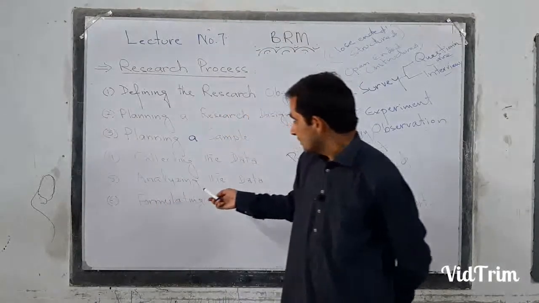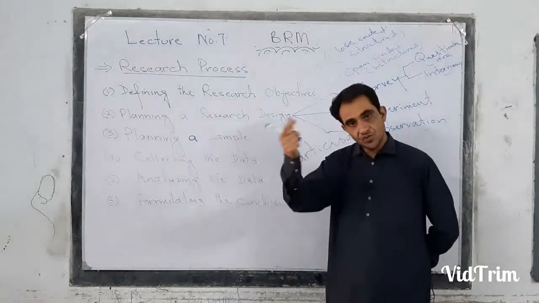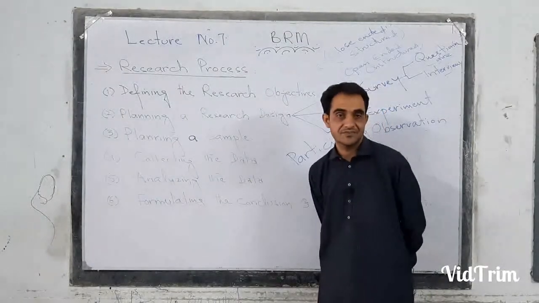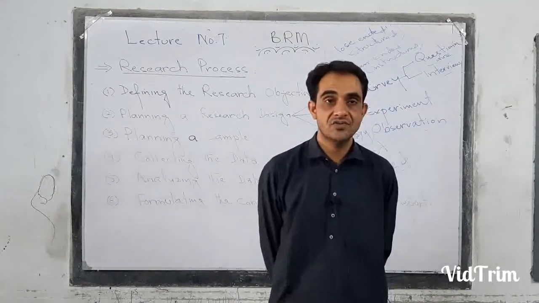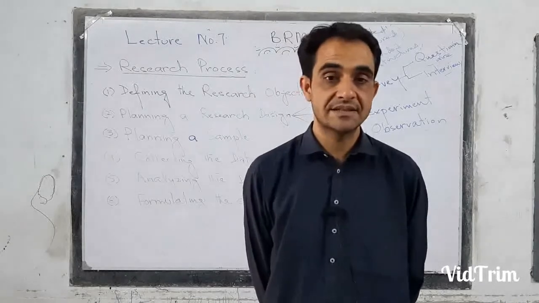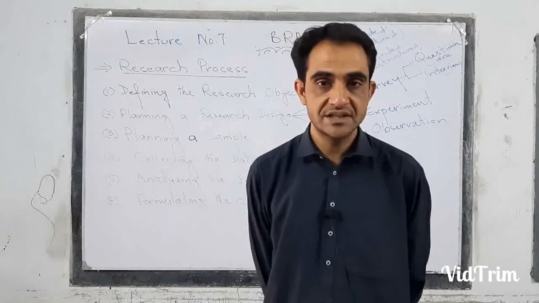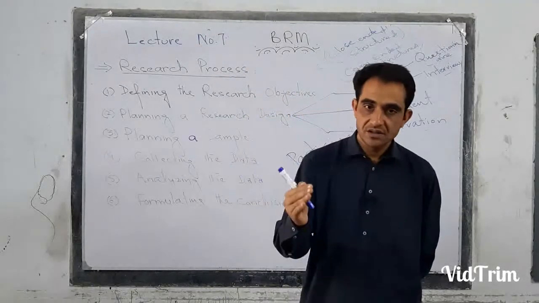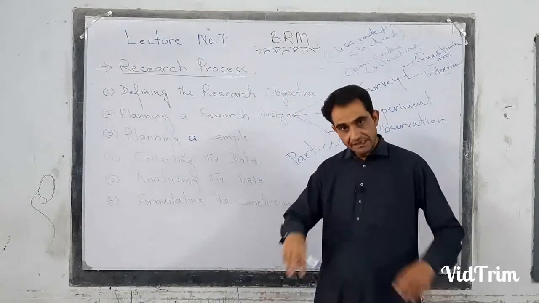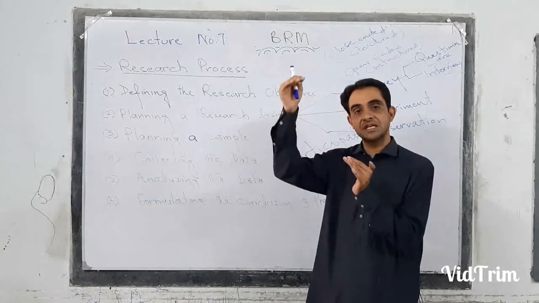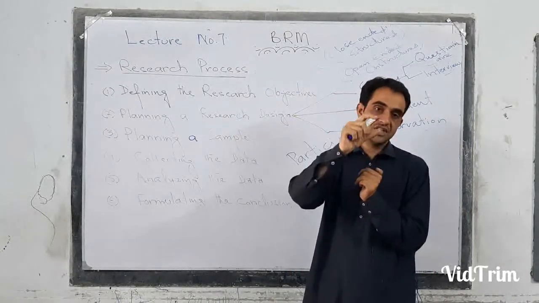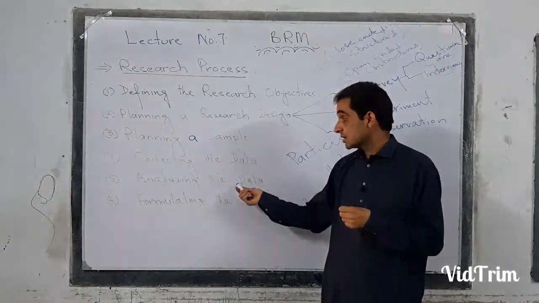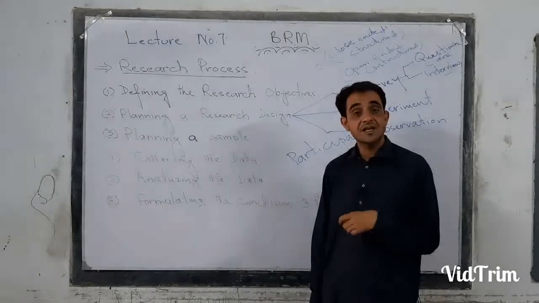Then, when we have collected this data through questionnaire from 500 BBA students, we are analyzing it. For analysis of the data, we are using different types of statistical tests like frequency distribution test, regression, correlation, etc. So based on the nature of that research, we are using a specific test for analyzing the data.